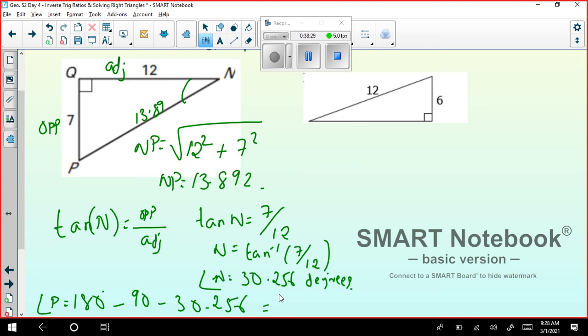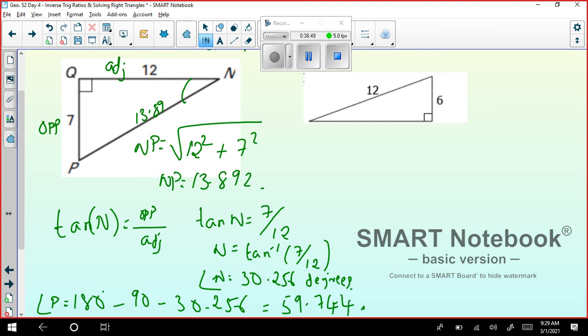So I get 59.744 as the measure of angle P.